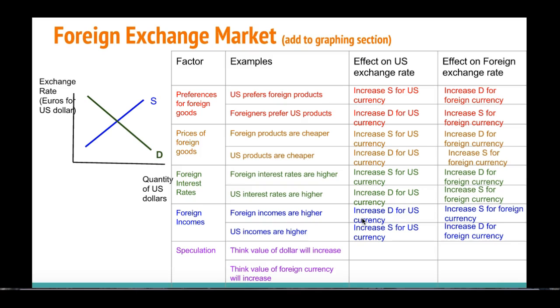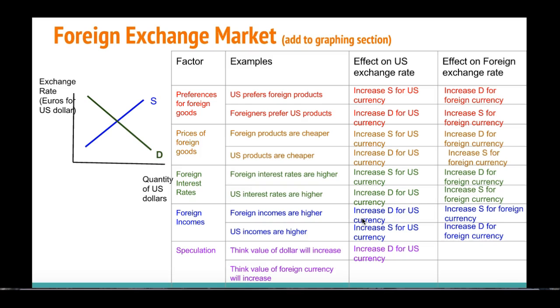So it's kind of weird, but if they think the value of the dollar is appreciating and going up, and you're an investor, what happens then to the demand for the U.S. dollar? The demand for the U.S. dollar is going to increase because they're going to want to get in on it now when the value is lower so that they can show some growth and that they're actually making money on their investment.